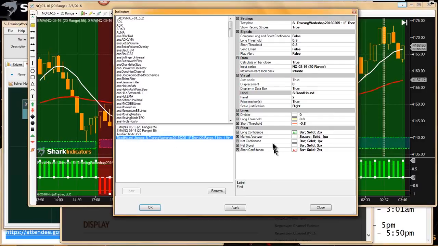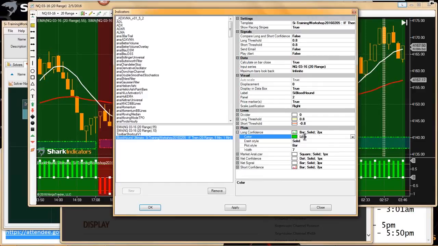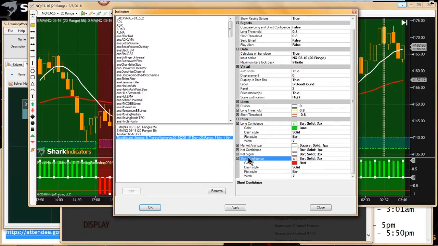if we look at BloodHound, you'll notice it has two separate plots. There's a long confidence plot, which is the green or the buy signals, and then there's a short confidence plot, which is the red or the sell signals.